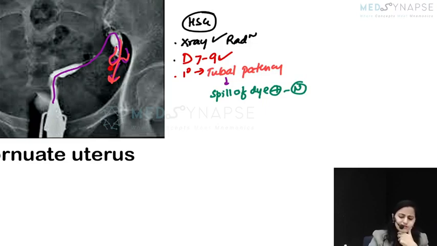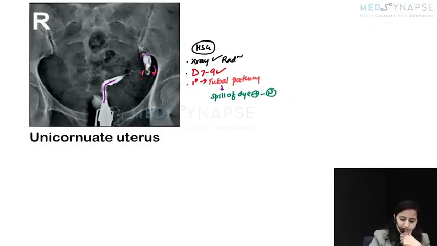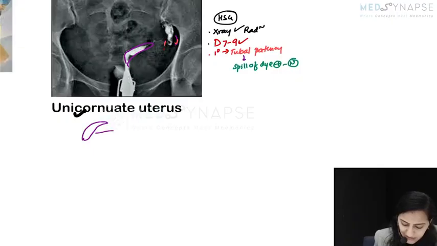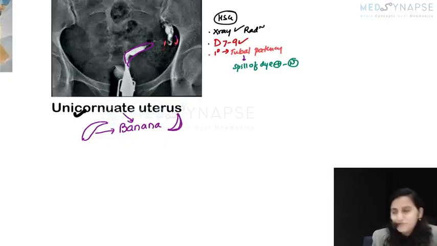It tells you that the tube is normal, the tube is not blocked. The uterine abnormality that you are seeing here is unicornuate uterus. The unicornuate uterus basically is one horn, so it is deviated to one side, right? So remember, this is unicornuate uterus like this, which is also called banana uterus, right? Unicornuate will be just one horn, it is banana uterus.